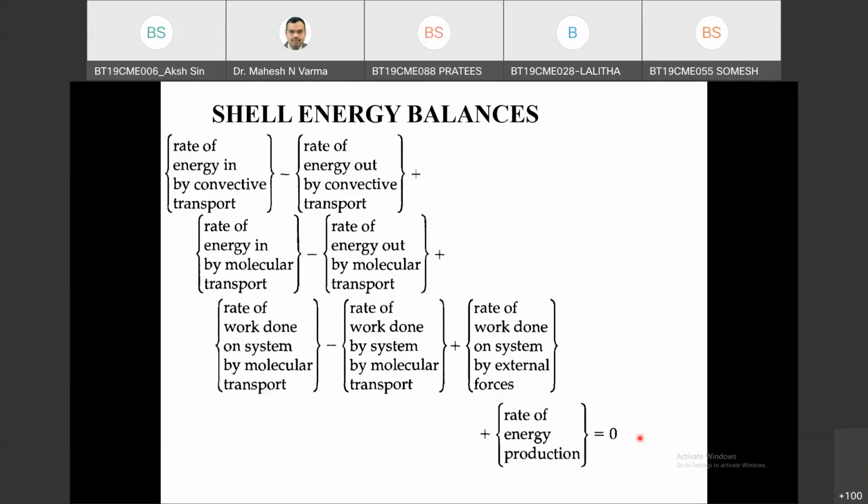So you can see there are similarities and there are differences also, between the shell momentum balance and the shell energy balance. Now you need to be attentive all the time to what we have covered in momentum transfer, what we are covering in energy transfer, how energy and momentum are similar, how they are different, and how that information can be used here.